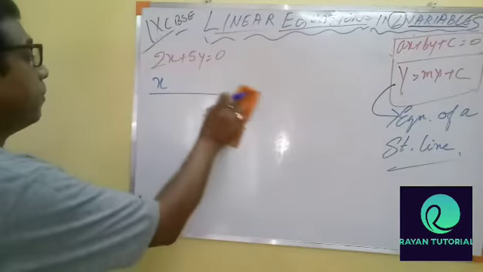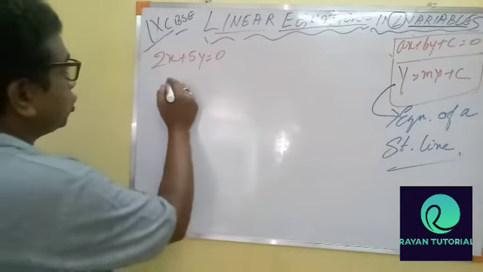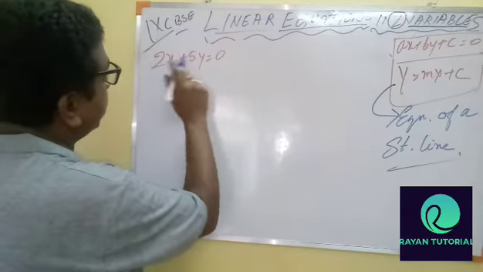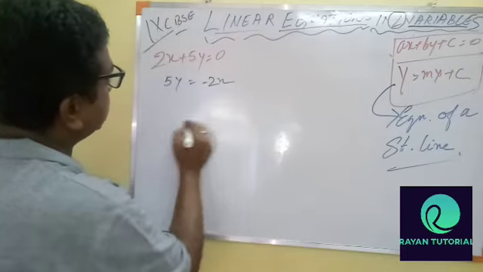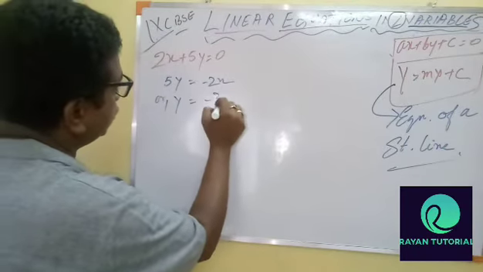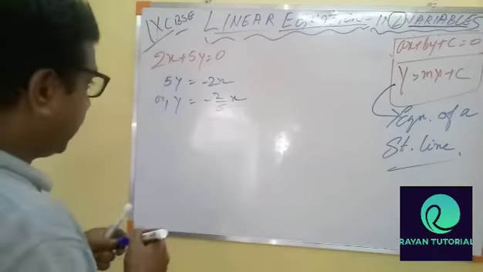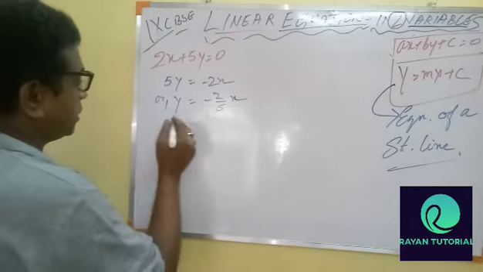Before that, bring it in y equals mx plus c form. So 5y equals minus 2x, or y equals minus 2 by 5 x. No c? Very good. It is much easier for us.